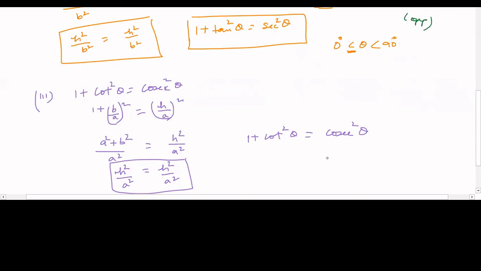Because cot and cosec are not defined when theta becomes 0. So we say my theta ranges from 0 degrees, exclusive, to less than or equal to 90 degrees. That's our third relation, and it is true for all the values of theta except at 0 degrees.